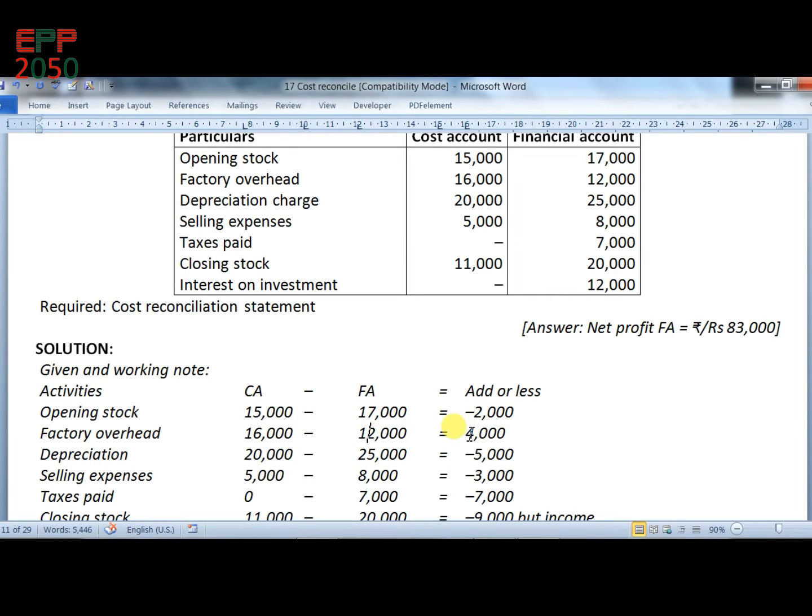After calculating, our answer is plus 4,000. Depreciation. Under the cost accounting, depreciation is 20,000 and under financial accounting, depreciation is 25,000. After calculating, our answer is minus 5,000. Selling expenses 5,000, 8,000. After calculating, our answer is minus 3,000.